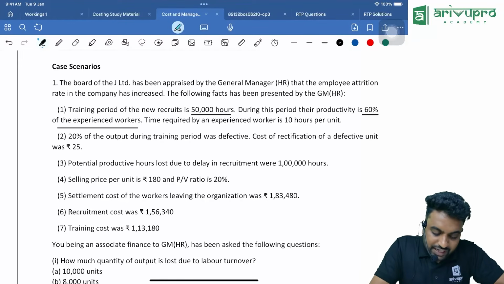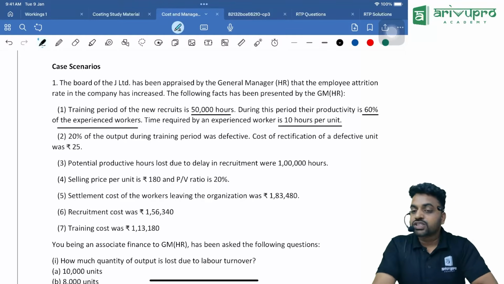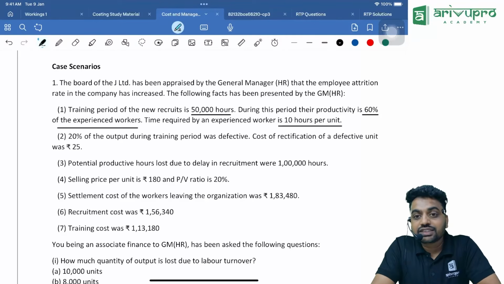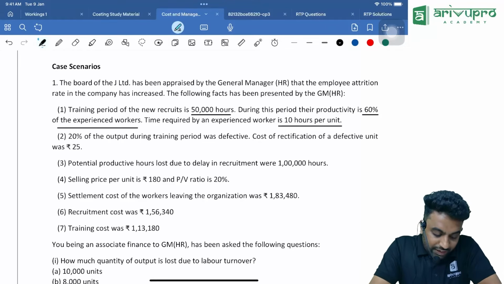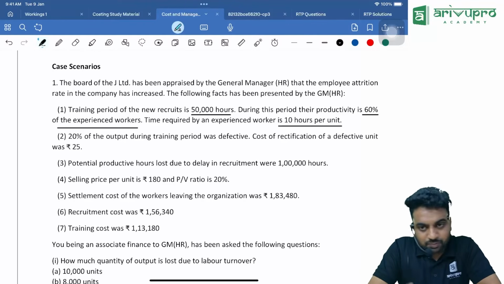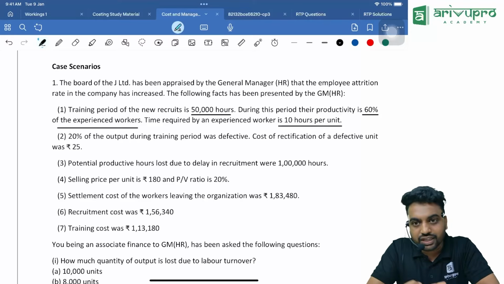Time required by the experienced worker is 10 hours per unit. 20% of the output during the training period was defective. They are producing only output equivalent to 30,000 hours in the first place.